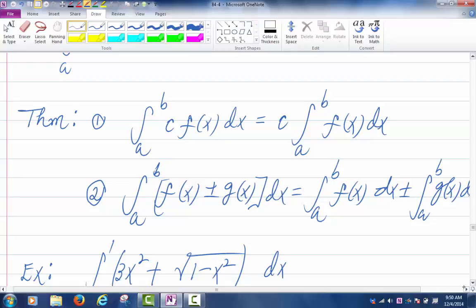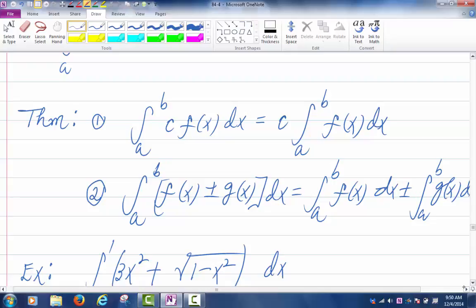Number two says if you have an integrand that has a bunch of summands, you can integrate one summand at a time. You can integrate term by term.